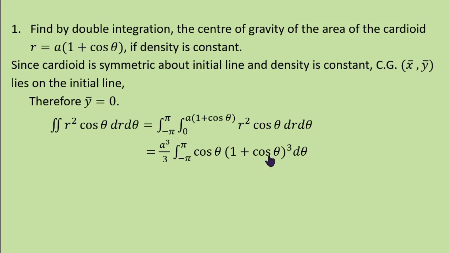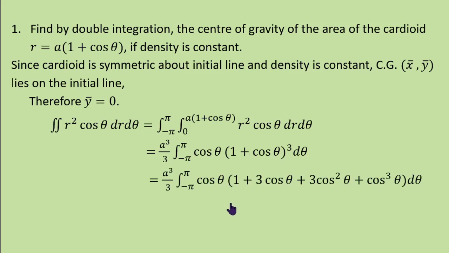Now, first expand this. 1 plus x whole cube is 1 plus 3x plus 3x square plus x cube, so 1 plus cos theta whole cube is 1 plus 3 cos theta plus 3 cos square theta plus cos cube theta.